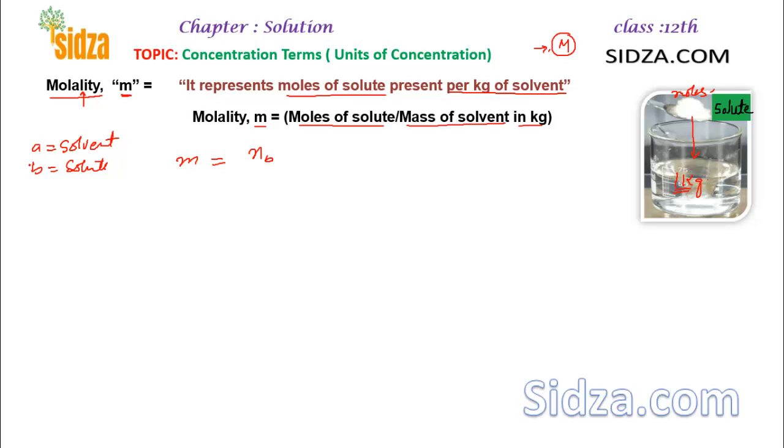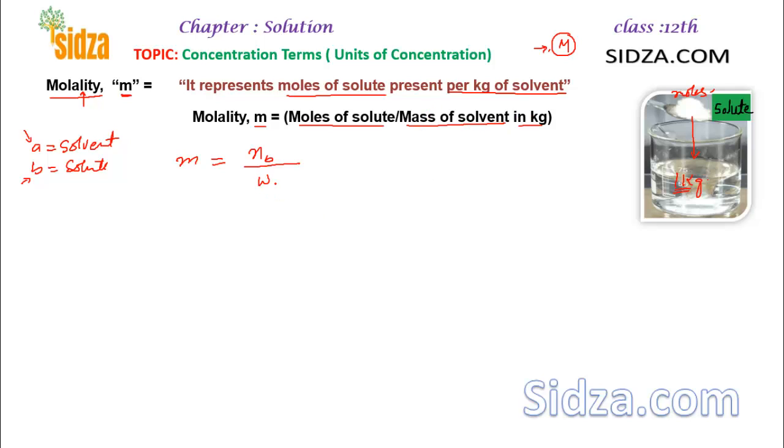This is the terminology that I normally use. When I have to mention the solvent, I use the term A, and when I want to mention the solute, I use the term B. So nB means the number of moles of solute, divided by the mass of solvent, the weight of solvent in kg.